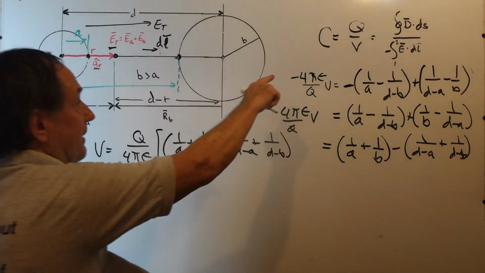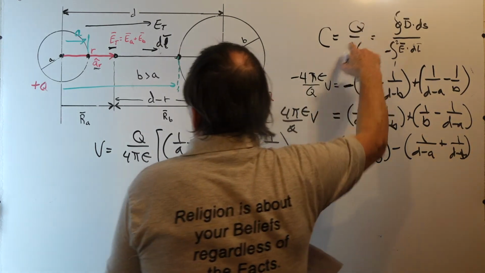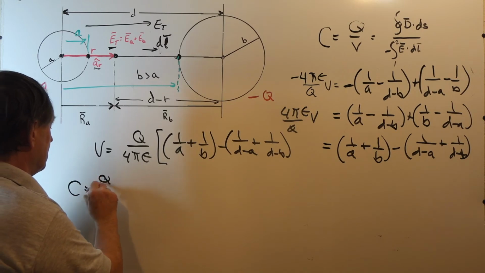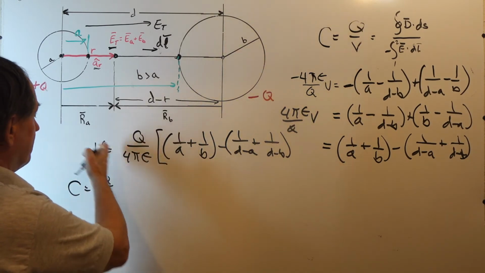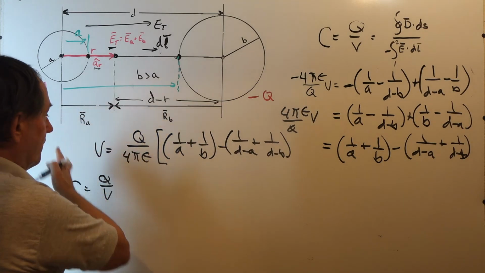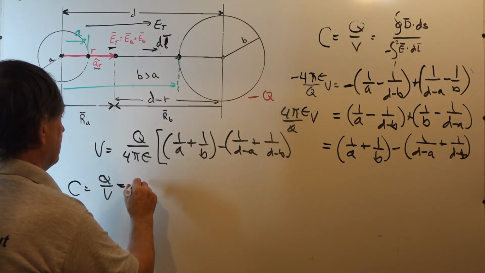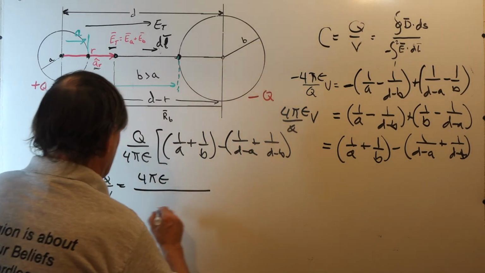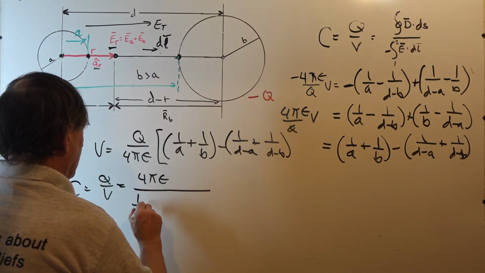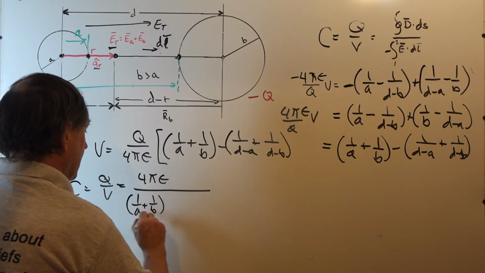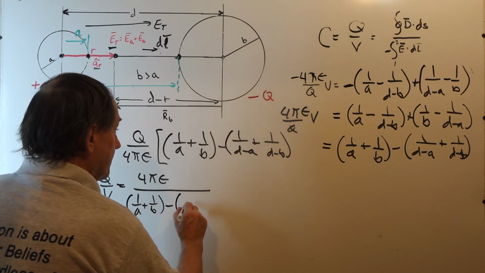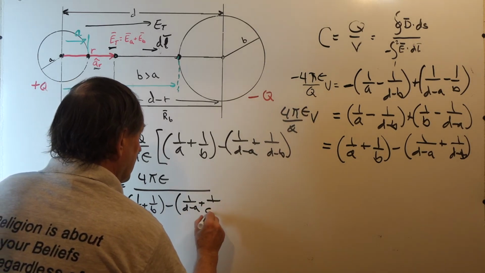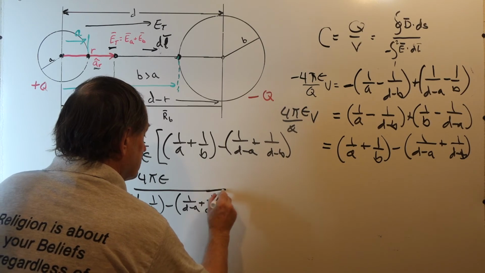Now, remember our capacitance is the ratio of Q to V. So C equals Q over V, we bring the V down and bring this over to the other side. So this now becomes 4 pi epsilon over 1 over A plus 1 over B minus 1 over D minus A plus 1 over D minus B. So there's our capacitance.